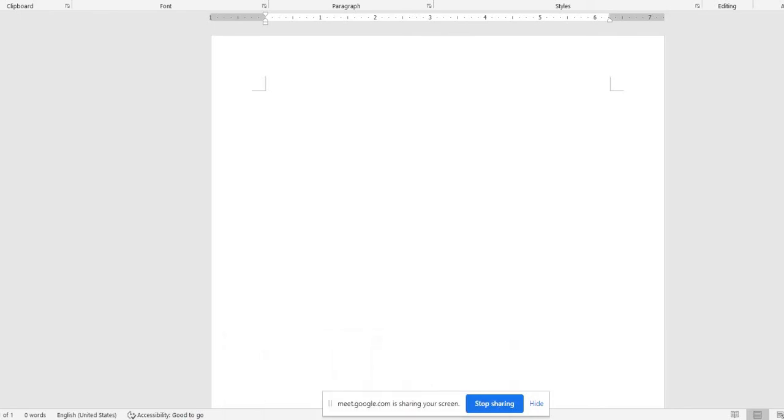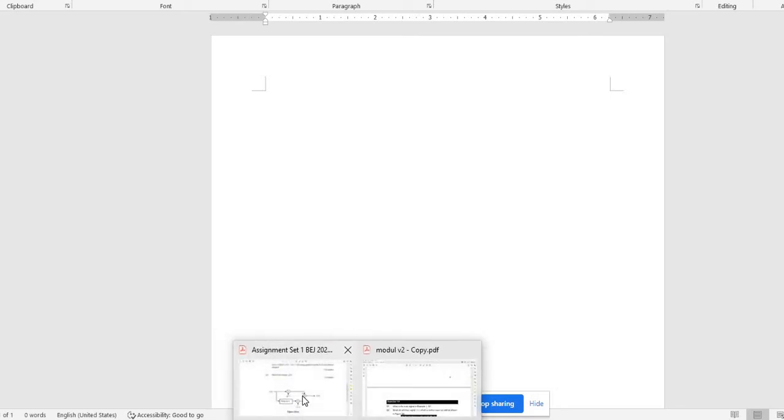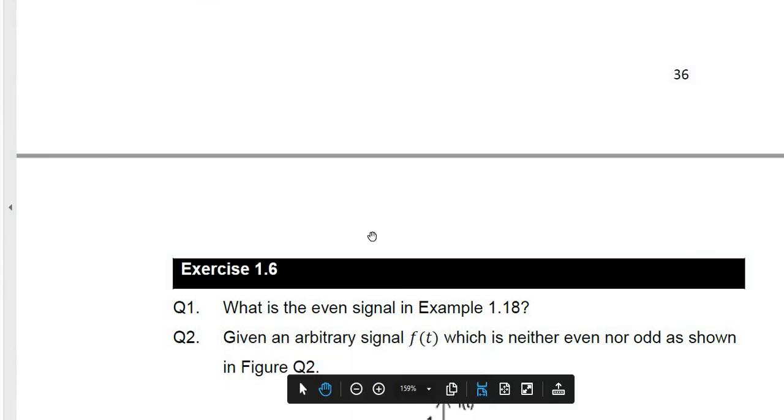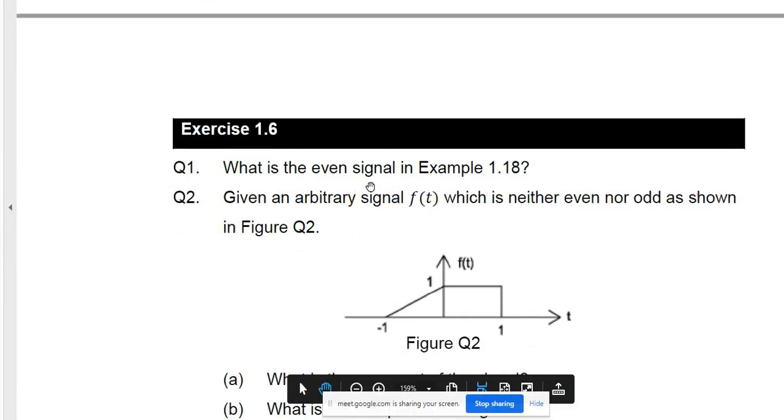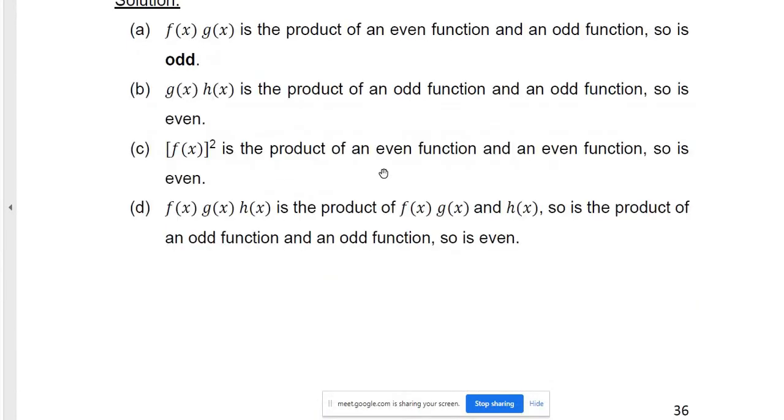Okay, let me share with you how it's going to work for this question. Louis Down said he doesn't know how to do it. If you look at the question here, what is the even signal in example 1.18?